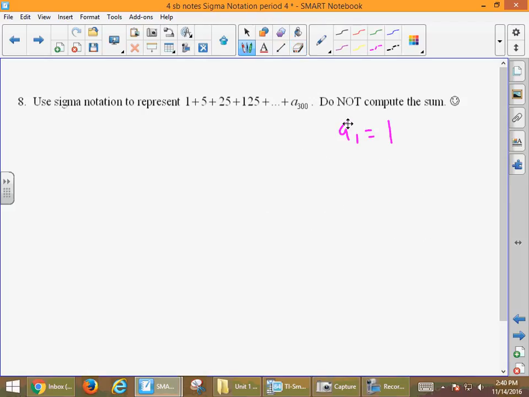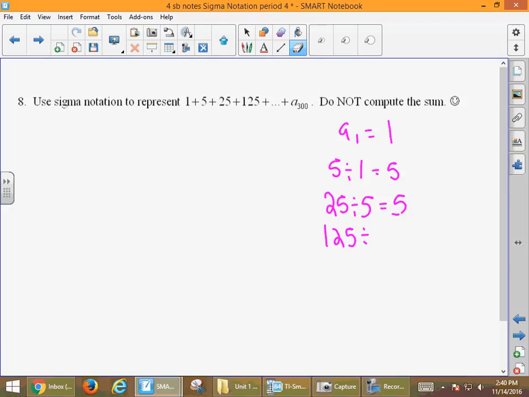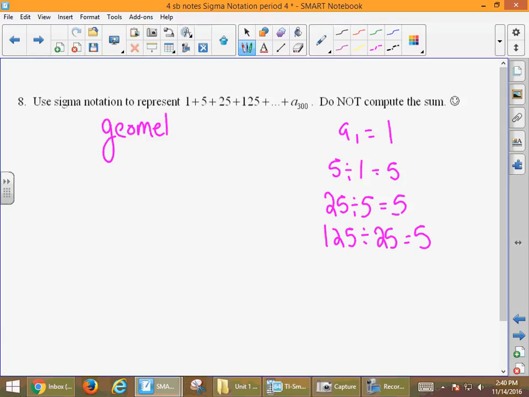But if we try 5 divided by 1, we get 5. 25 divided by 5, we get 5. And 125 divided by 25, we still get 5. Which means that we're working with a geometric sequence, and our common ratio is 5.